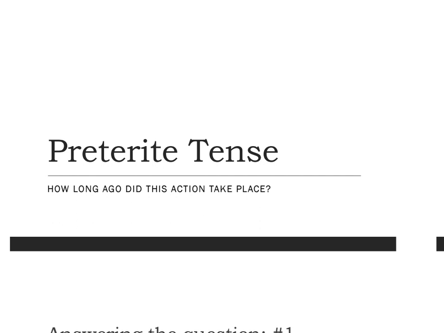Like, for example, how long ago has it been since I went to Honduras? So it's been about a year ago since I went to Honduras. I'm not still in Honduras right now. So we use hacer with verbs in the preterite tense to describe things that happened in the past. Maybe you went on a trip to Hawaii or you went to watch a baseball game somewhere special.